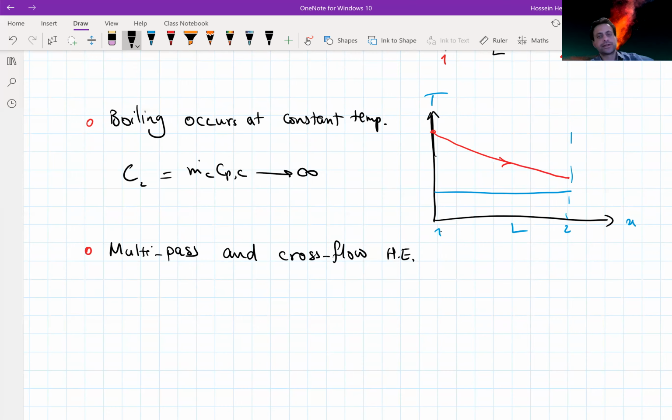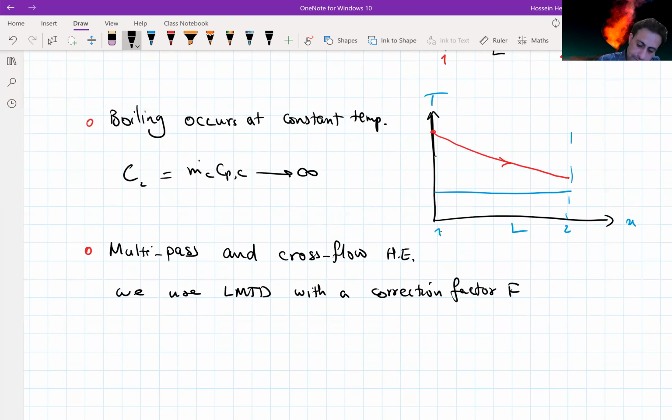We cannot directly use LMTD, but the way that we use it, we bring a correction factor F. So we use LMTD with the correction factor F.